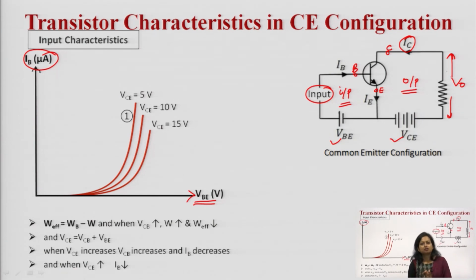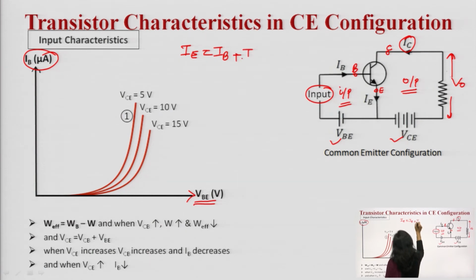You have studied the relationship IE, which is the sum of IB plus IC. And you know that the doping of the emitter is very, very high in comparison to the collector, and the doping of the base is kept very low, and even that region is very thin.